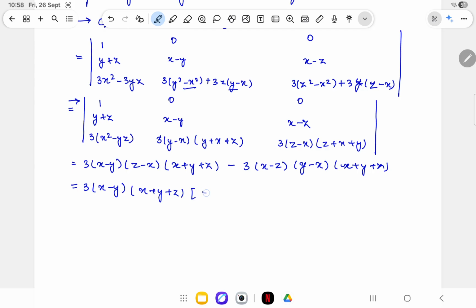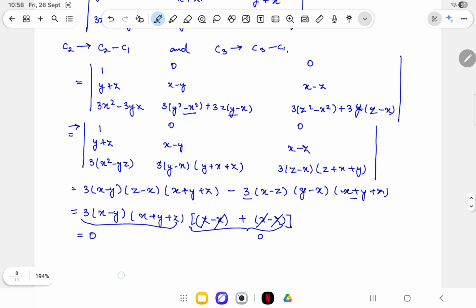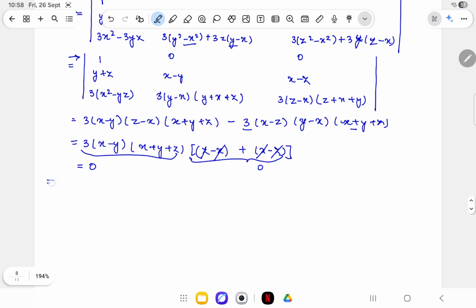So you will be left with z minus x, and x minus y, so it will be plus of x minus z. So this term balances out this, and this z balances out this. So it is 0. Basically this term into this will be 0. So the Jacobian turned out to be 0, so we can say that u, v and w are functionally related.